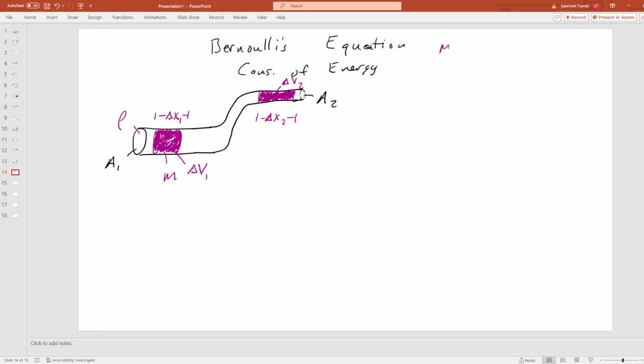But if mass 1 equals mass 2, we're looking at the same amount of mass, then rho delta V1 must equal rho delta V2. And since our densities cancel out, we can see that these total volumes have to be the same.